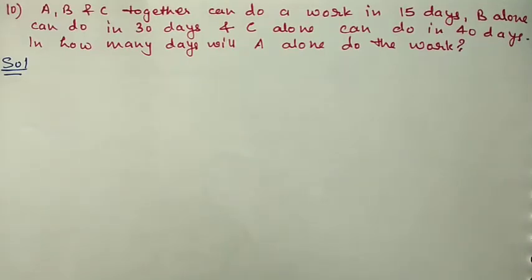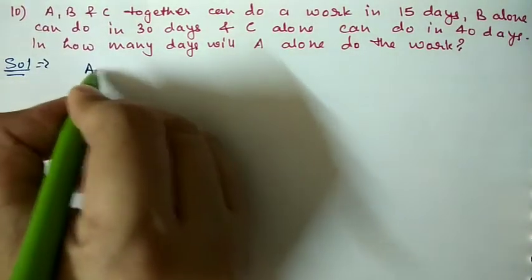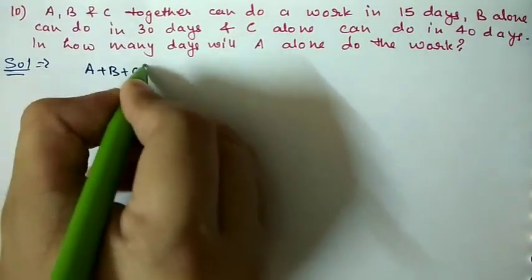Next, question number 10. A, B and C together can do a piece of work in 15 days. B alone can do a work in 30 days and C can do the same work in 40 days. Now we have to find out for A how many days it will take. So first it is given, A plus B plus C's one day work we can calculate.